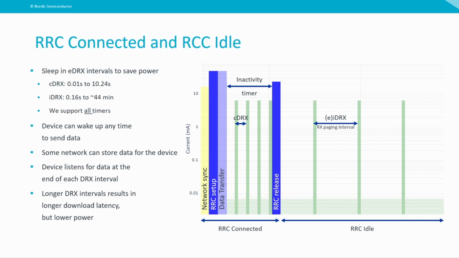Not all other competitors support all the timers. This is something you can request from the network, and the network can grant you these intervals. So if you increase it, you will have a longer latency, but of course you will have much lower power.